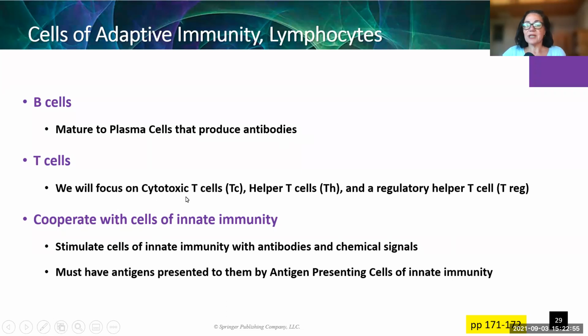So cytotoxic T cells, these are the ones that can actually go around and kill cells. There's some variation in how they do it, but some cytotoxic T cells directly kill the cell, and other cytotoxic T cells stimulate a self cell, one of our own cells, to undergo apoptosis.